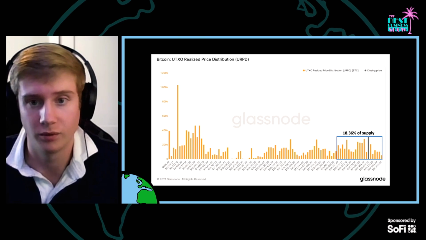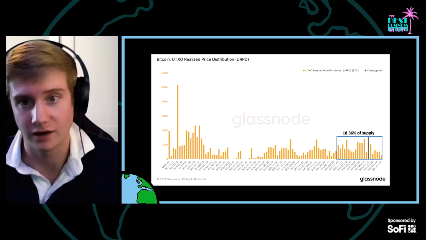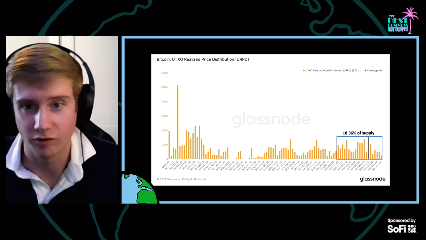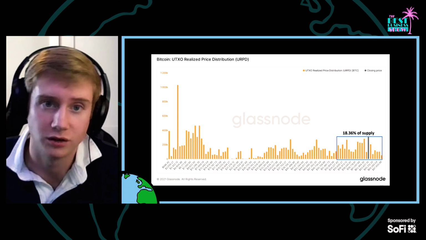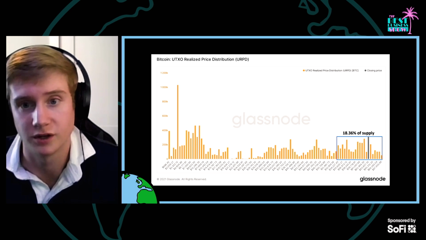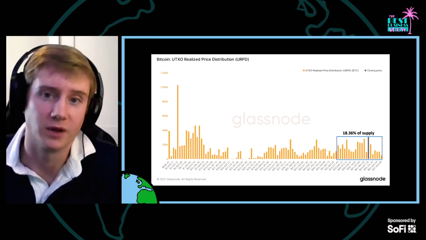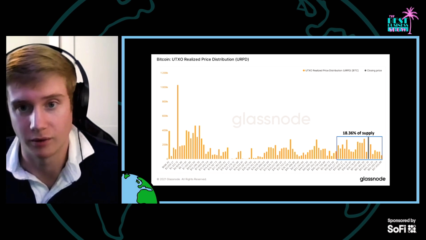The way I see it is by definition, you're showing where a lot of market participants or capital inflows have come in. So ideally, these zones of volume are support or resistance levels because they're levels where market participants have interacted heavily. So if you're coming up from the underside to a large cluster of realized price distribution, then you're probably going to face some resistance, some people taking profits.